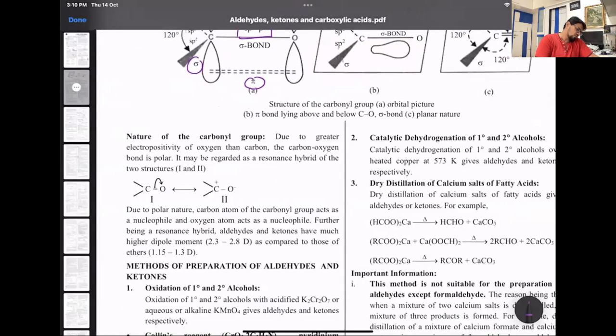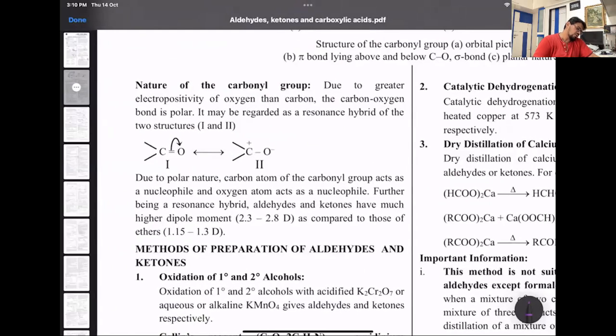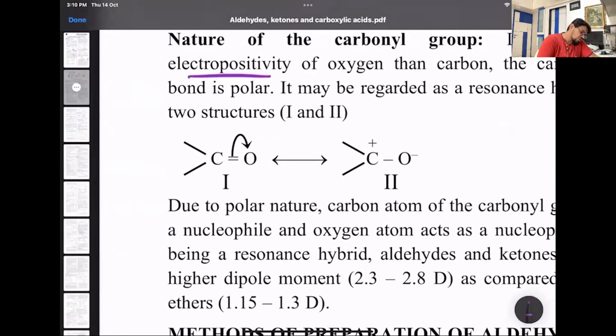Then coming down to the nature, because carbon is less electronegative, it's electropositive over there. So the positive charge is mainly on the carbon. That's what you see in these structures. Oxygen, we all know, has 2 lone pairs. So if the pi electrons are shifted, oxygen will have 3 lone pairs and a negative charge, and the carbonyl carbon will have a positive charge.